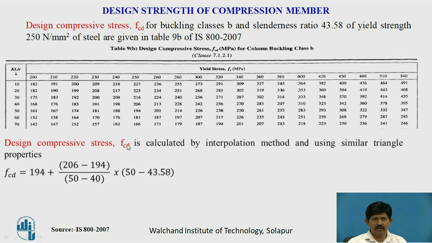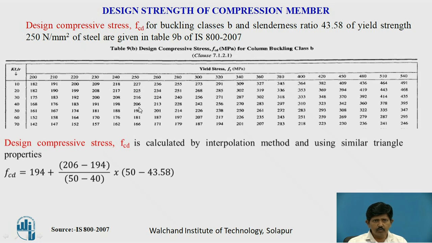Now our value of lambda is 43.58, so we have to interpolate between 40 and 50. For 250, the values are 206 for lambda 40 and 194 for lambda 50.